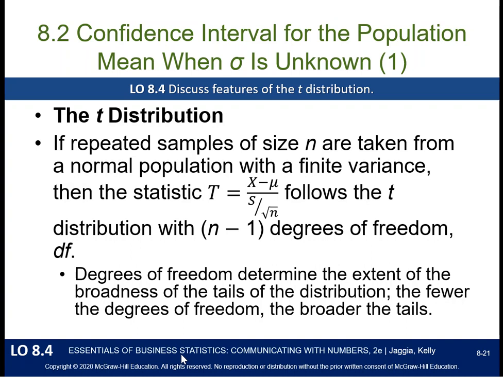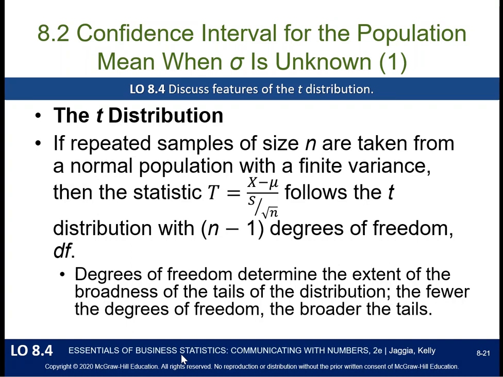Now, the reality is that most of the time we don't actually know what the population mean is or what the population standard deviation is. Sometimes we're able to estimate the population standard deviation with a lot of certainty because we've been taking these samples for a very long time, such as when we were doing those control charts back in chapter 7, taking samples over and over again for a very long period of time.